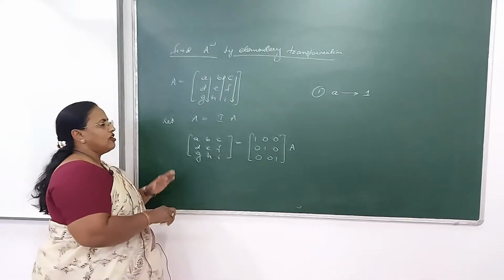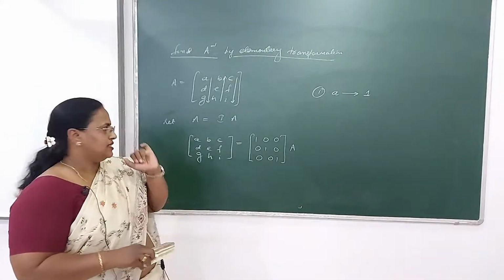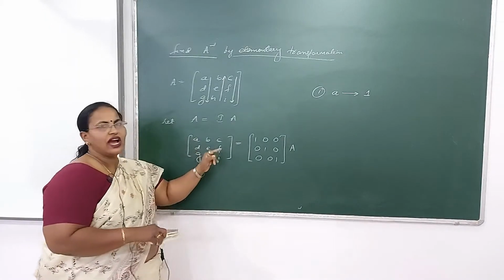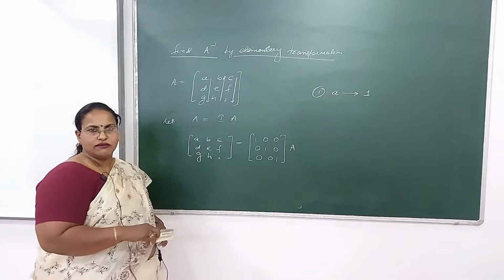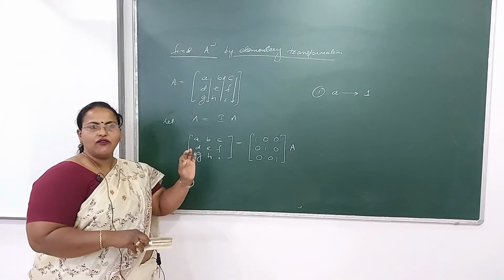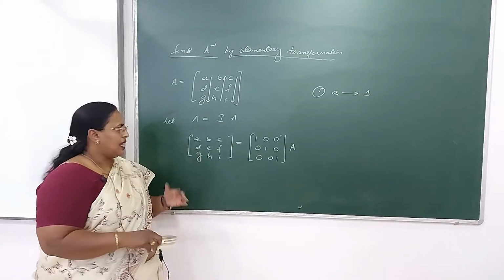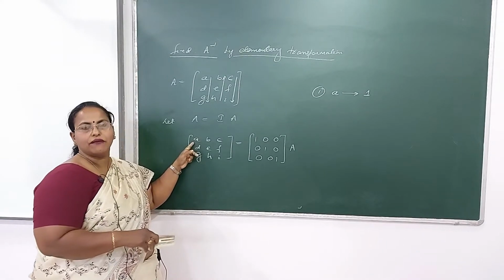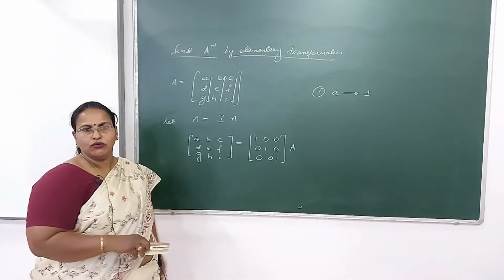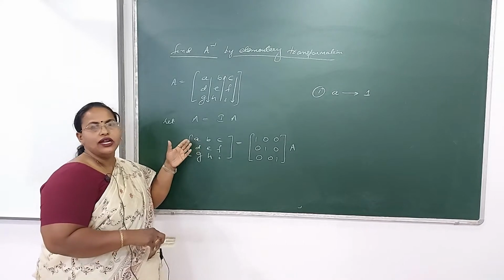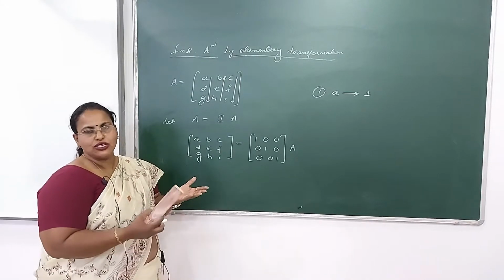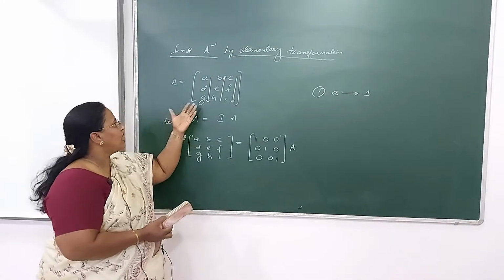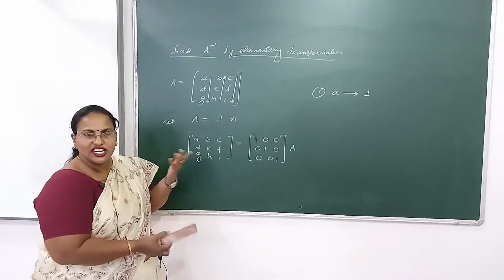Now what all operations can you do here? The very first thing you can do is divide R1 completely by A. This is the first one, R1 divided by A. Like if suppose 2 is there, you can make it R1 divided by 2. When you divide by 2, naturally you will get this position as 1. The second option, you can take the help of R2, R3, you can interchange.